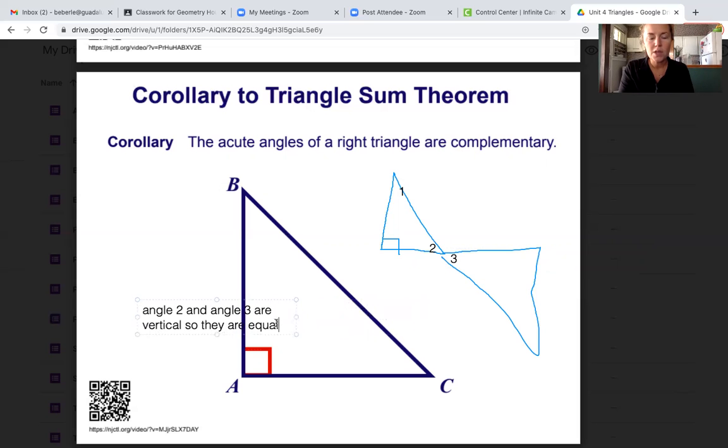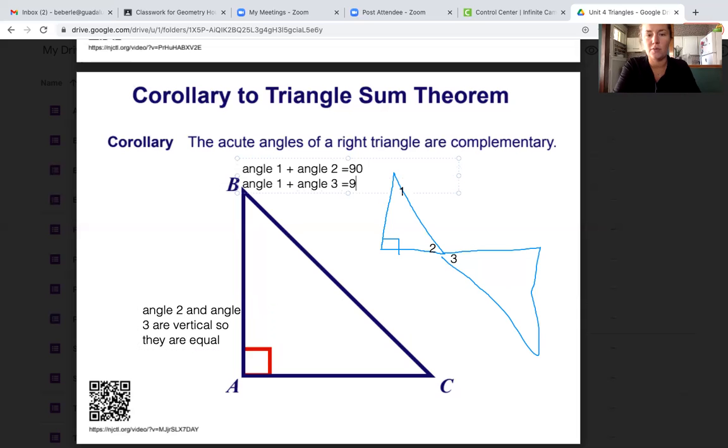Angle 1 and angle 2 in this picture are going to equal 90, right? Because we've already used 90 in that corner, so we have 90 left over. What if I said angle 1 plus angle 3 is going to equal 90? Would that also be true?